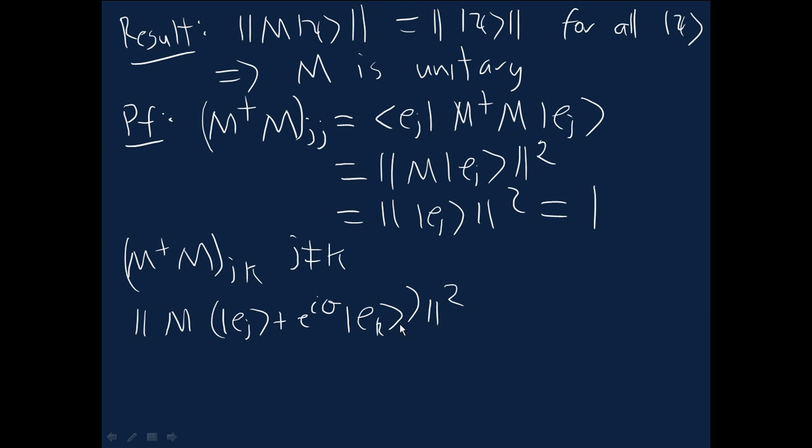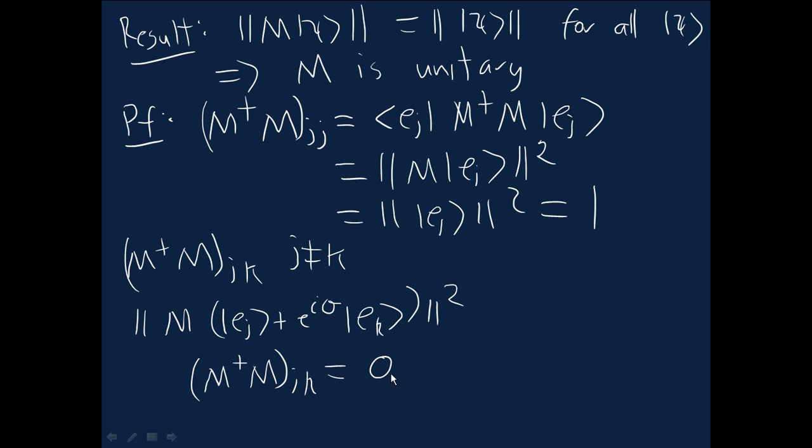We look at the condition that this length all squared is equal to just the length of this vector here, without the M, all squared. It's easy to analyze the length of this vector squared; we can just work it out explicitly. And to analyze this more complex expression where you have the M as well, you need to do a little bit of algebra. But by comparing the two sides, you're able to prove that this off-diagonal element is equal to 0.